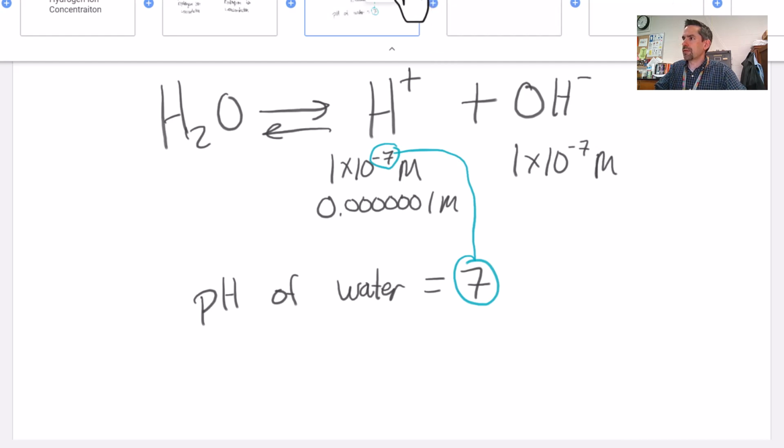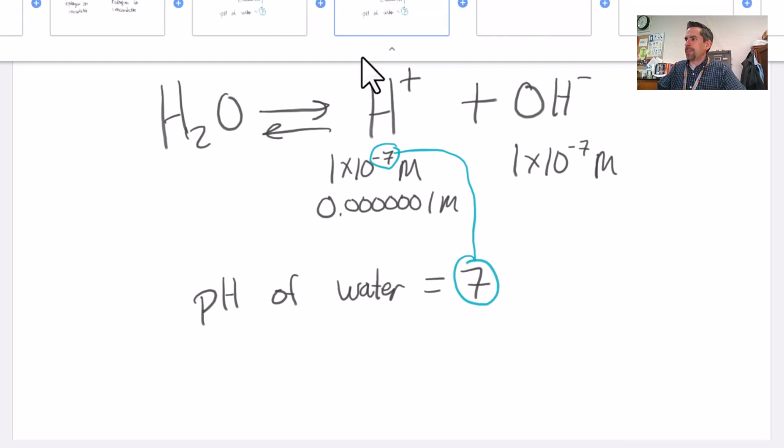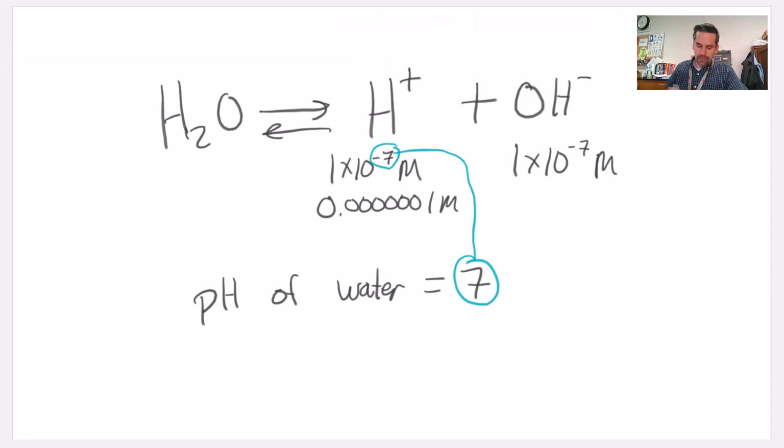let me duplicate this. So if we added some H plus so that now our concentration of H plus is 1 times 10 to the negative 6, still very small, then it's going to shift this to the left.